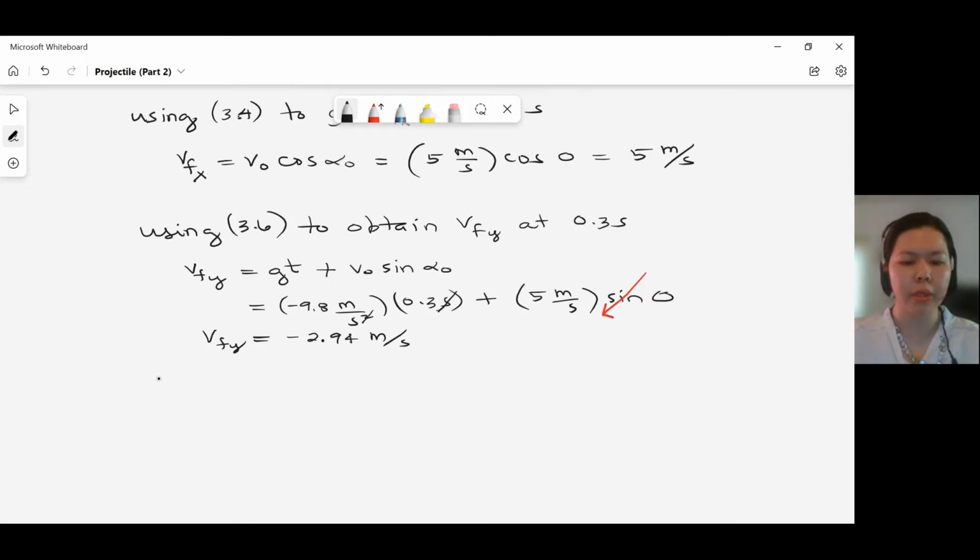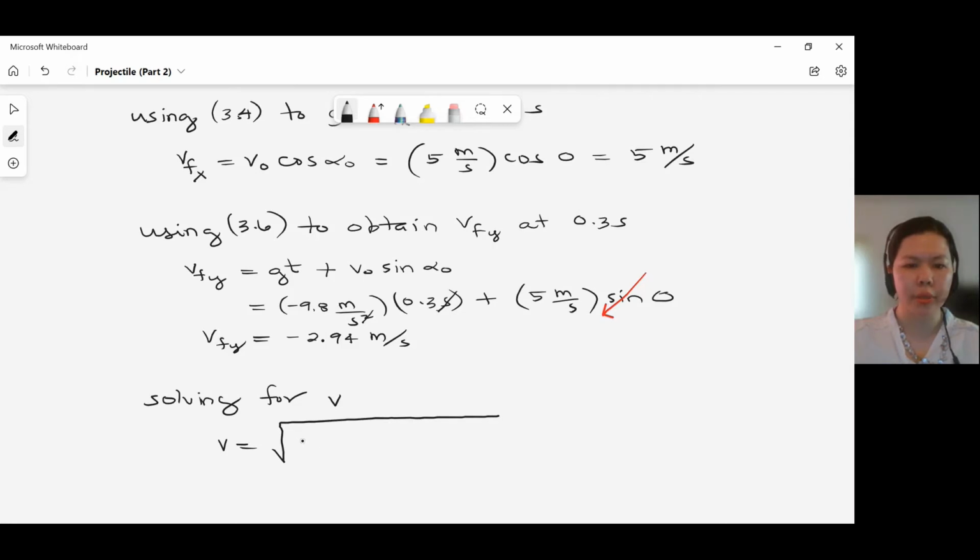So solving for the magnitude of V, V is equal to the square root of VFX squared, which is 5 meters per second squared, plus VFY squared, negative 2.94 meters per second squared.